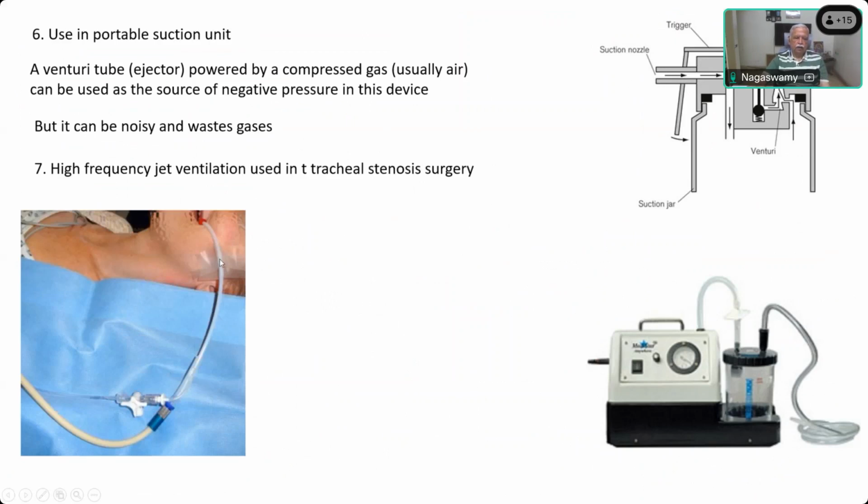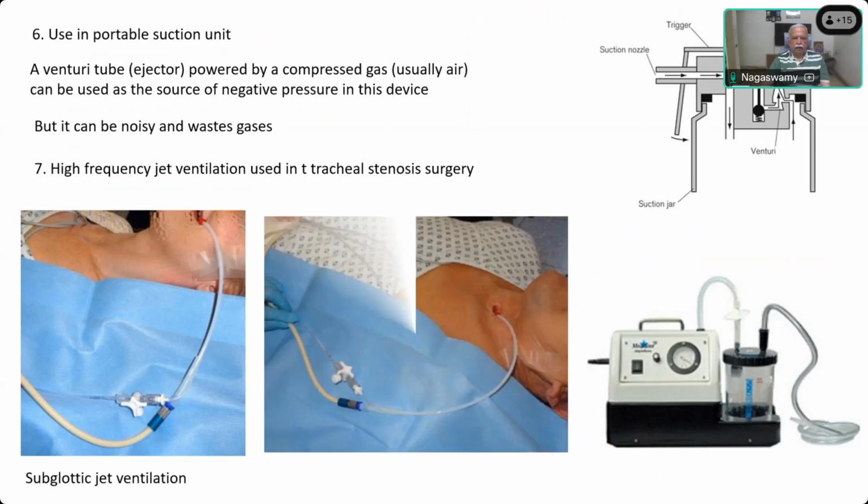This will entrain the gases, and then very small tidal volumes at a very high frequency will keep the oxygenation going with an immobile, uninterfered way of ventilation in this patient. This is called subglottic jet ventilation, and this is called transtracheal. In a tracheostomized patient also you can do this type of ventilation.